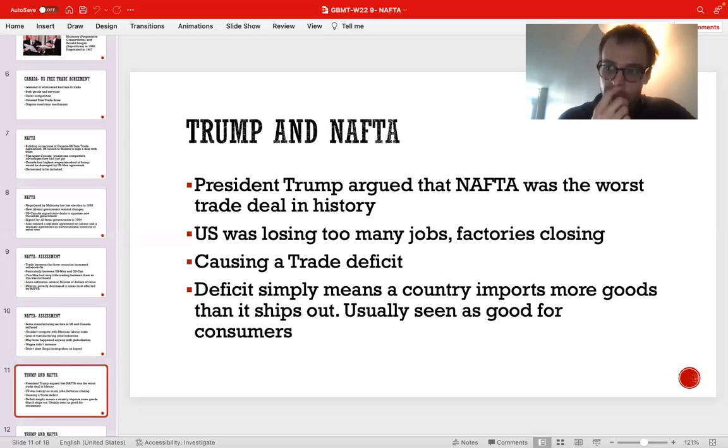So Trump, once in office, notified Mexico and Canada that he was going to rip up the NAFTA agreement and that he would have to create a new agreement. This was done by Trump as a means to move production back to the United States. However, this did not really work on a grand scale. The Mexican state responded by wishing to join a new agreement immediately.